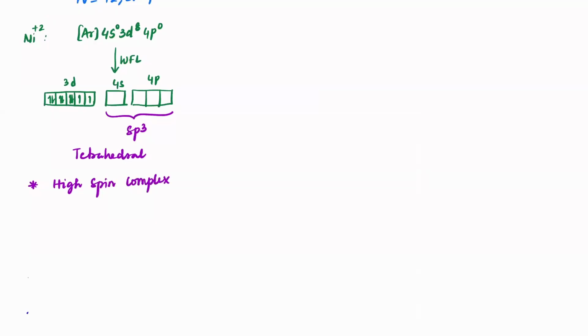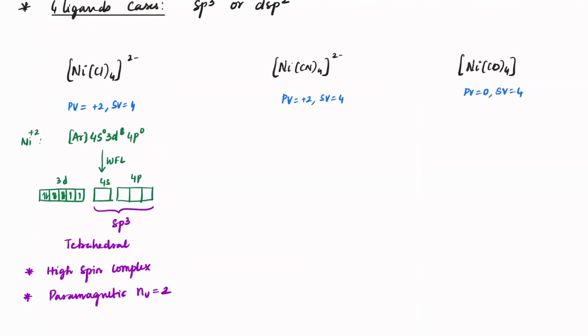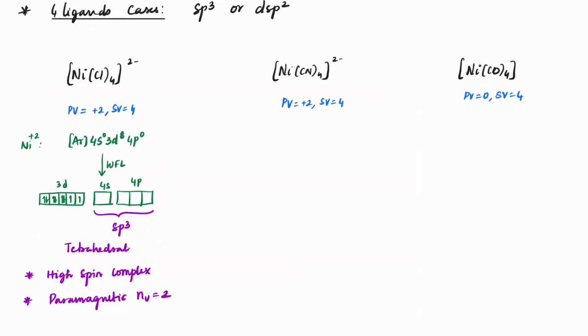It is paramagnetic in nature because the number of unpaired electrons is 2 in this case. This is the information you need to gather for NiCl4.